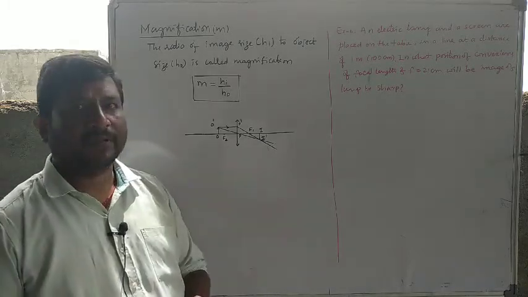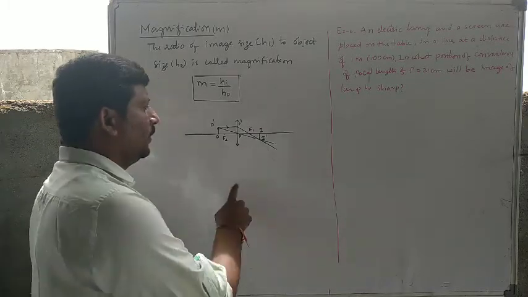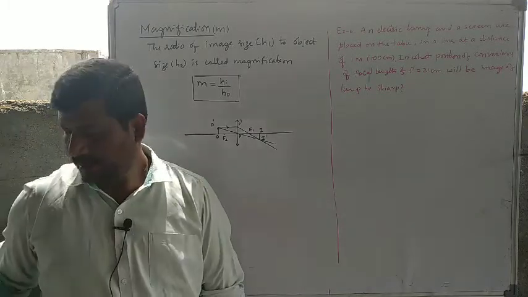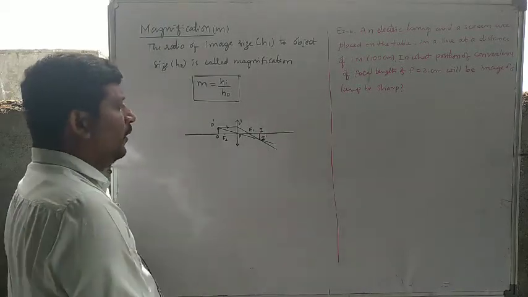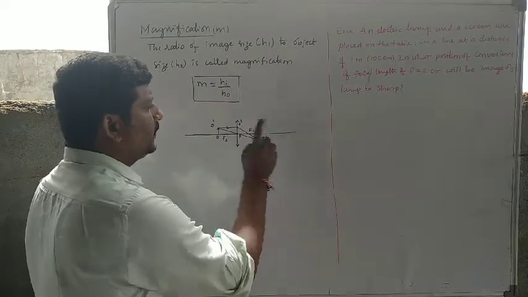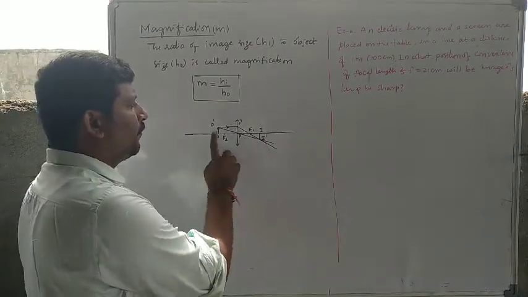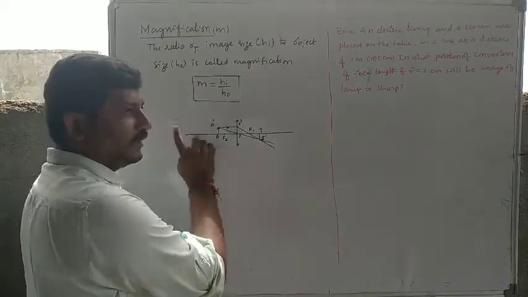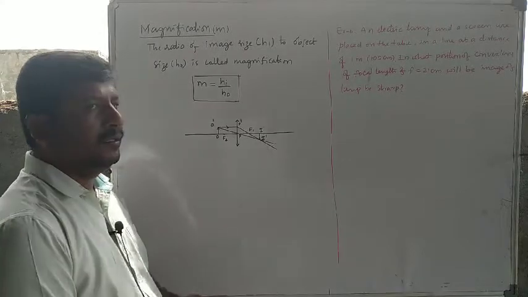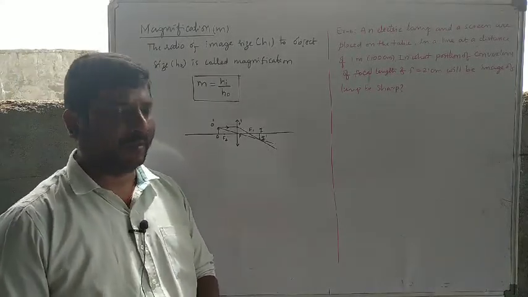Let us derive the expression of magnification. This is a convex lens. Here this is the principal axis, this is the optic center, F1, F2 are the focal points, and O dash is an object. Let us draw a ray diagram in order to form the image.